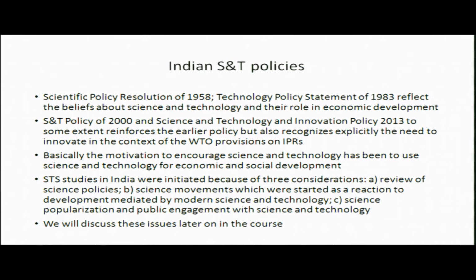The second one was Technology Policy Statement of 1983, and these two policies reflect the beliefs about science and technology and their role in economic development. Science and Technology Policy of 2000 and Science, Technology and Innovation Policy of 2013 to some extent reinforce the earlier policies, but also recognize explicitly the need to innovate in the context of WTO provisions on IPRs. Basically, the motivation to encourage science and technology has been to use science and technology for economic and social development.